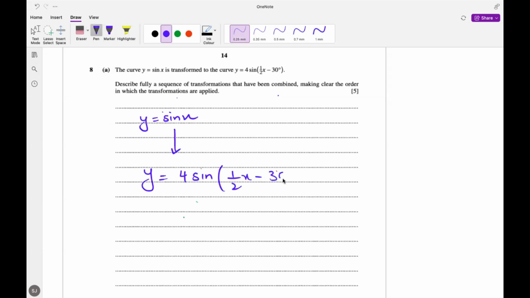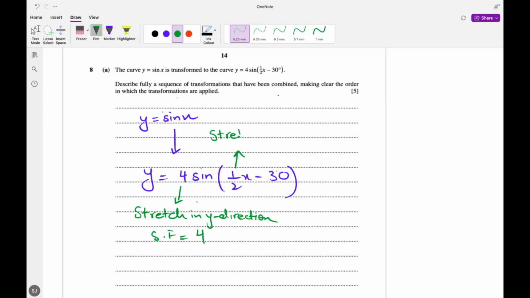So the transformations that have been applied: this 4 represents a stretch in the y direction, and the scale factor in this case will be 4. This half x represents a stretch in the x direction.